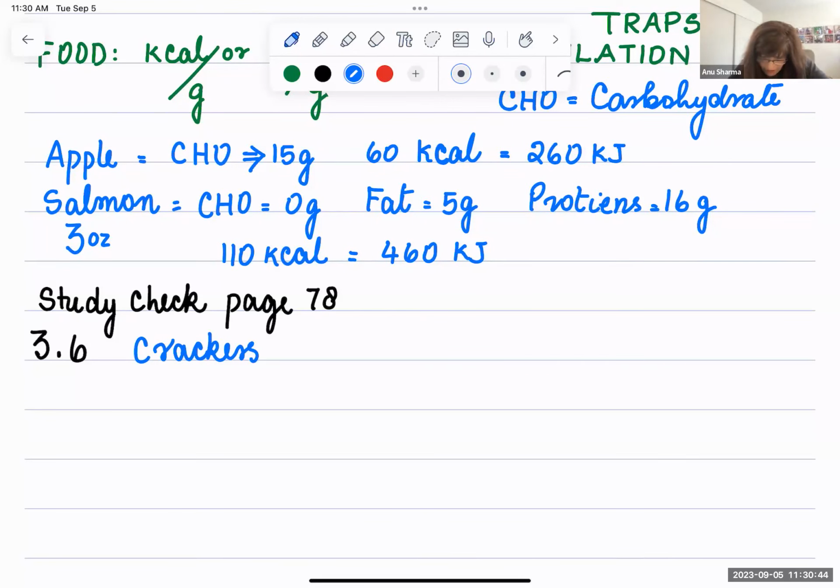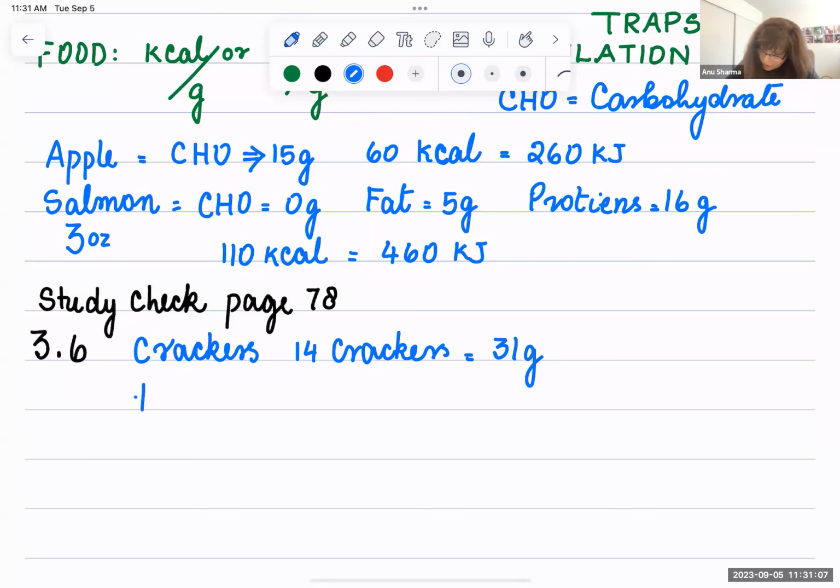Serving size: there are 14 crackers, and these 14 crackers weigh 31 grams. Servings per container, about 7. I don't know what that means.